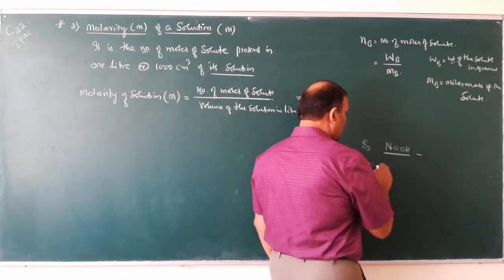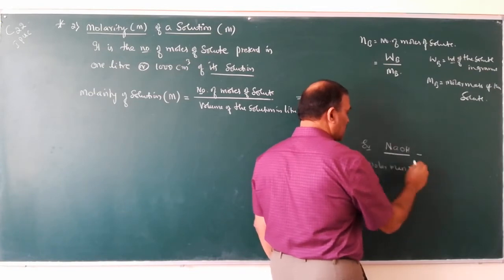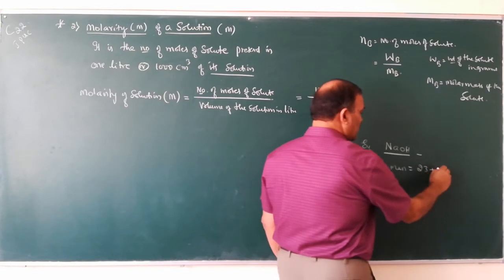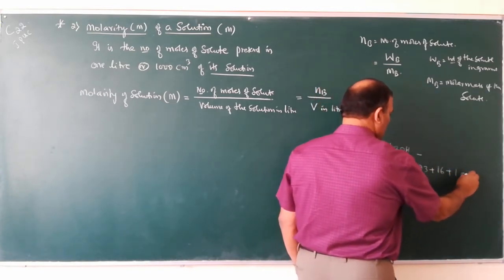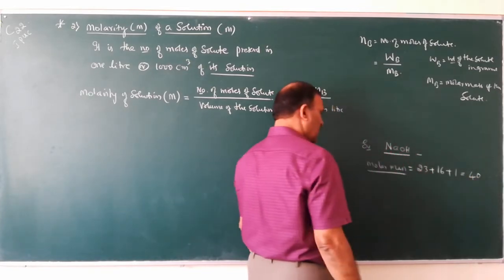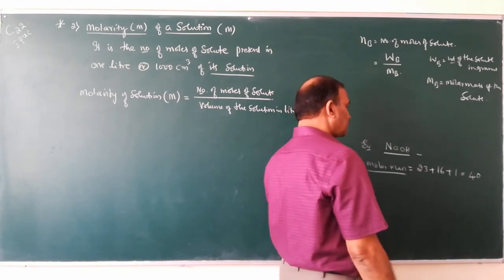Molar mass equals atomic mass of sodium, which is 23, plus atomic mass of oxygen, which is 16, plus atomic mass of hydrogen, which is 1. That equals 40. Molar mass of sodium hydroxide is equal to 40.